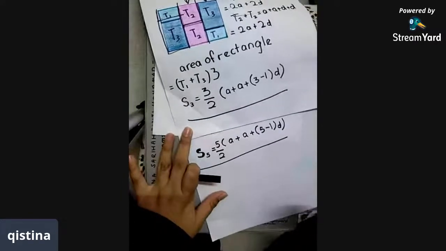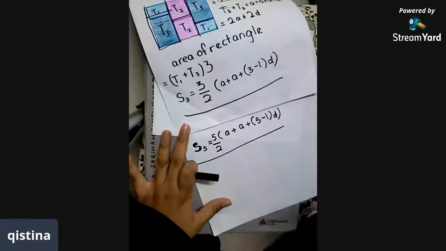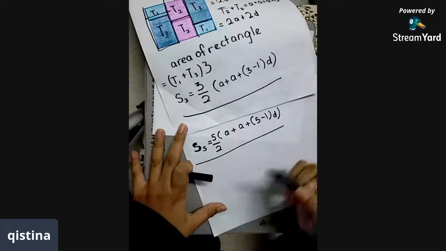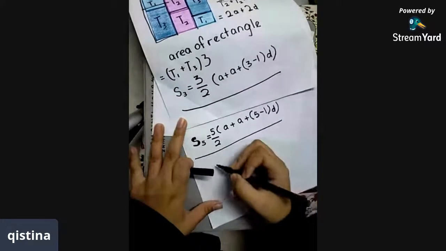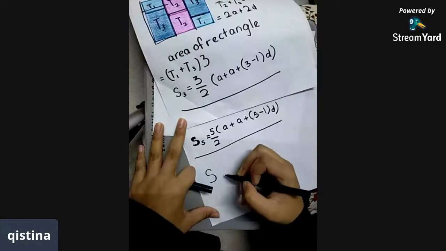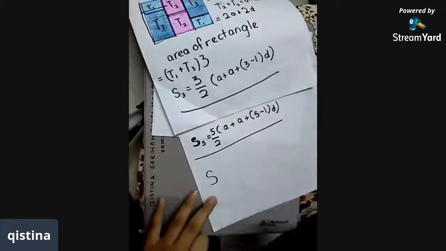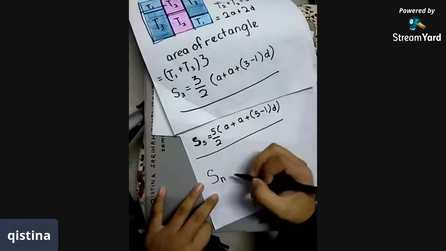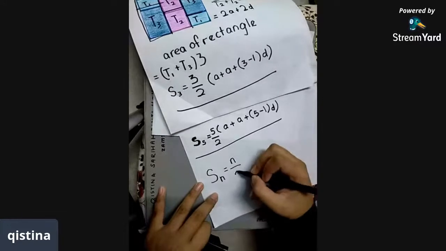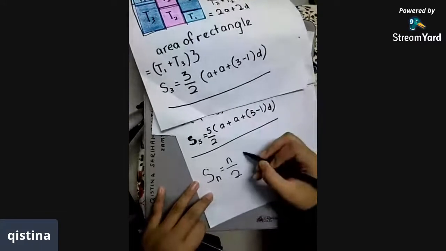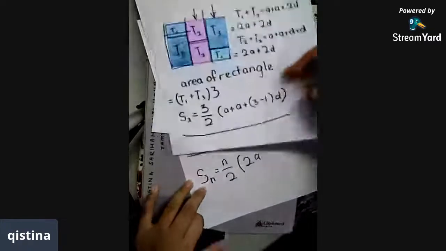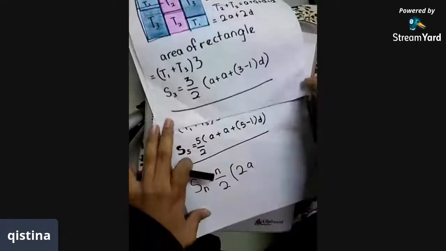So first, what's the same between both of these equations, both of these answers? I will write it here as 3 and 5 is the number of terms. So Sn equals n over 2. a plus a equals 2a.